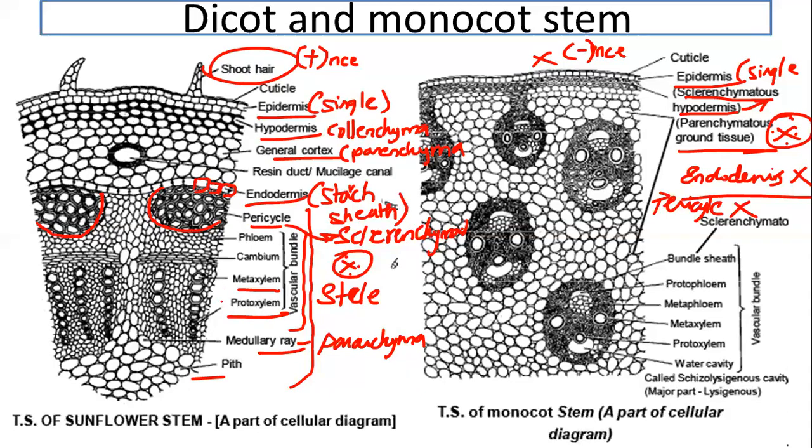This arrangement is called endarch, and it will be present in the vascular bundles of dicot stem. These are usually arranged in a ring-like manner, so this is one ring, two ring, three ring like that.